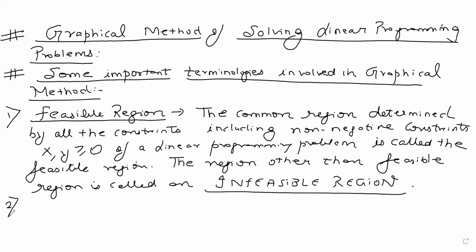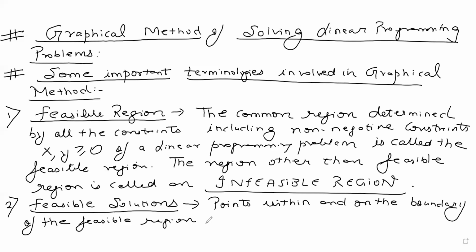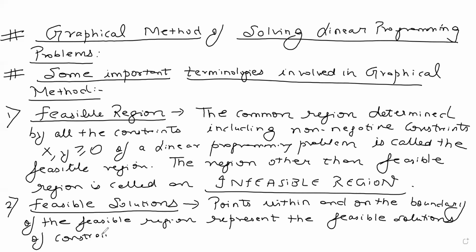And then the second terminology, feasible solution. Points within and on the boundary of the feasible region represent the feasible solutions of the constraints.